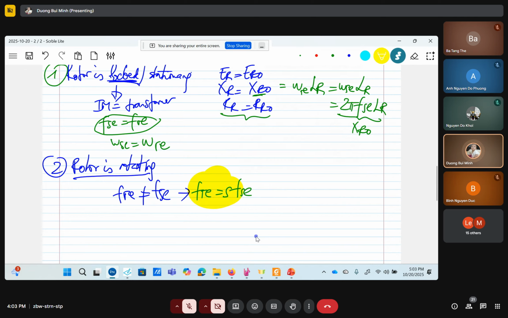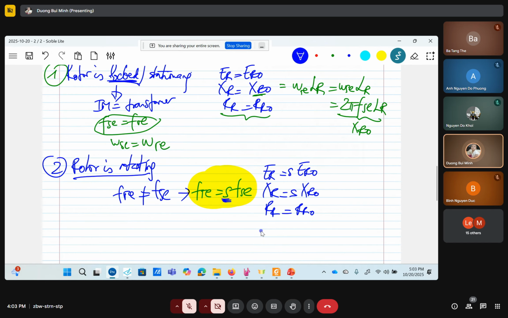Do you remember these formulas? Okay, so continue. Now ER becomes S times ER0 because we have S. We have S times XR0 and RR also RR0.